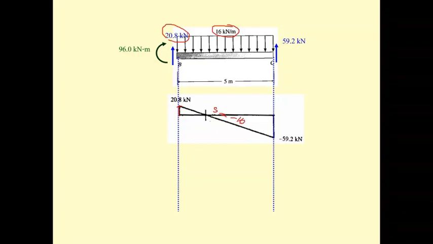Then this is going to move downward like this, and the shear here, V sub C, is going to be V sub B minus 20.8.